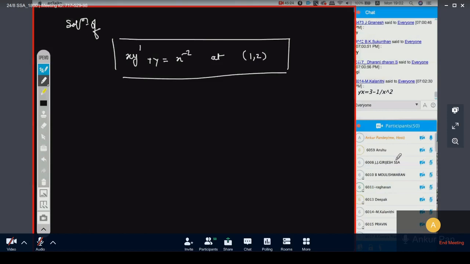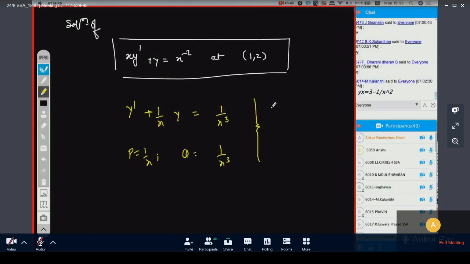Good. So first thing though, y dash plus 1 by x y equals 1 by x cube. I'll rather write it like that. Then I'll have p is 1 by x and q is 1 by x cube.